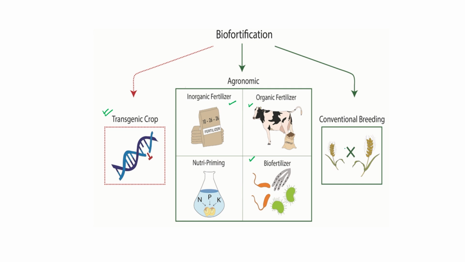We can hybridize or start breeding with the high quality plant or breed type which shows high yield, or high mineral content, protein content, vitamin content, or iron content. This is conventional breeding. So this is a picture with the help of which you can easily understand what is biofortification.